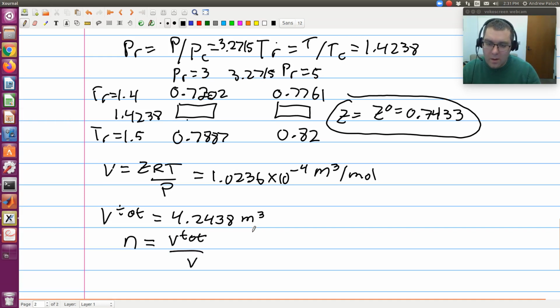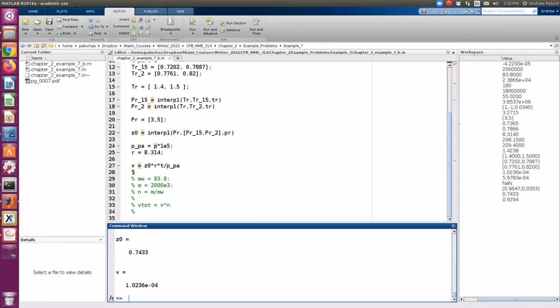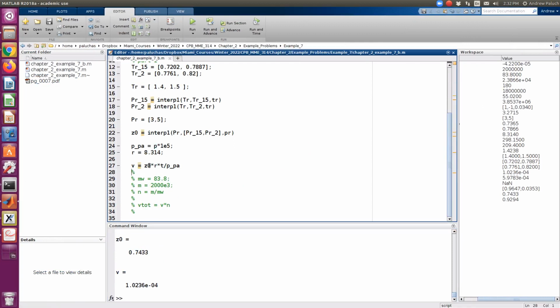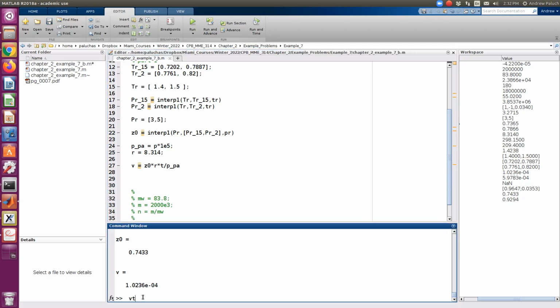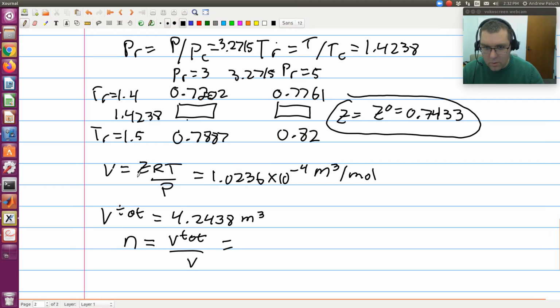So I'm going to deviate slightly. Do I still have V total in my workspace? No. So what I need to do is define V total. V total is 4.2438.